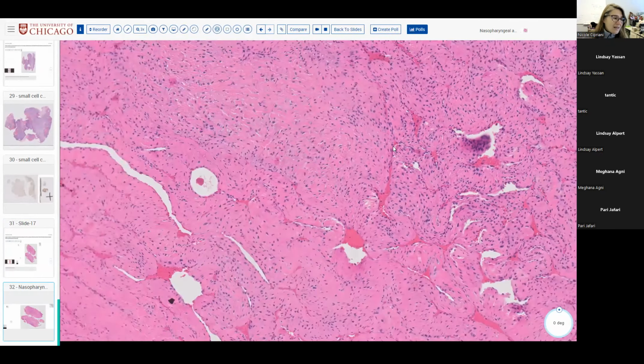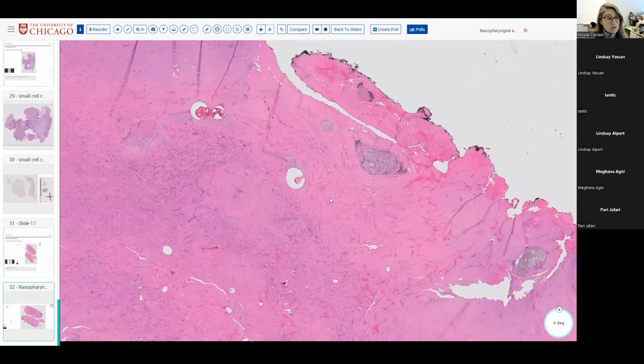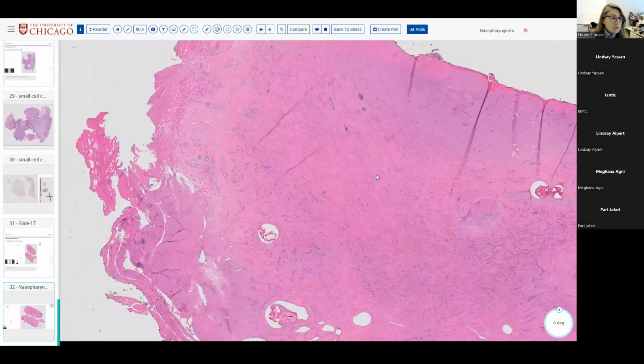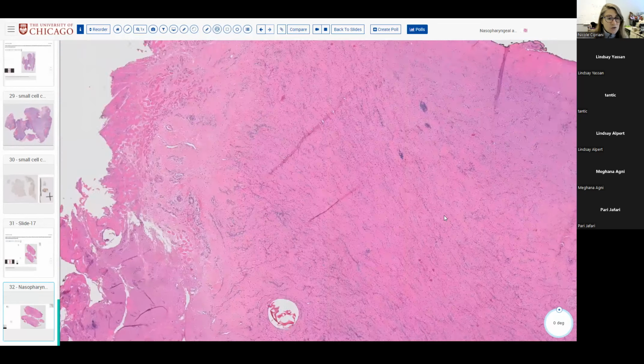And in a teenage boy with a vascular-rich lesion, you should really focus on honing down your differential to a few things. One of them, which is this, is a nasopharyngeal or so-called juvenile angiofibroma.